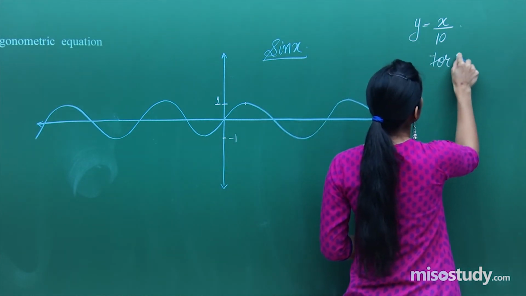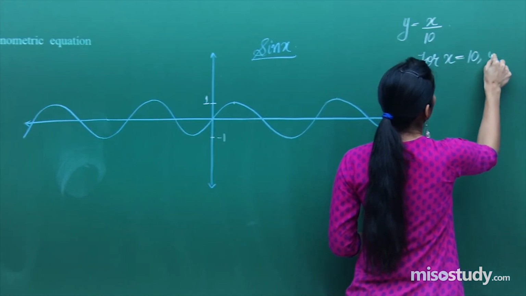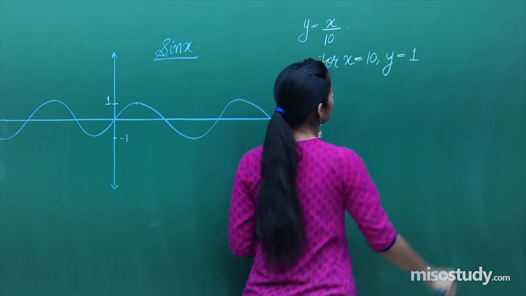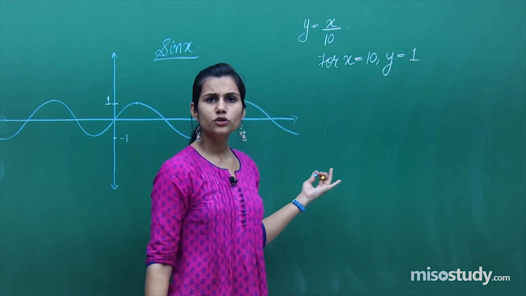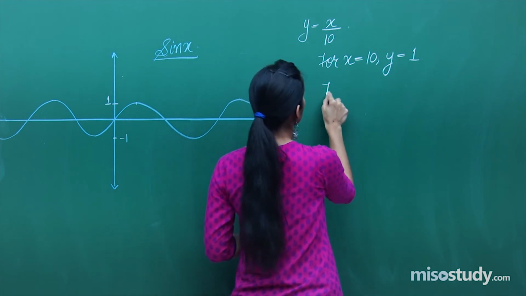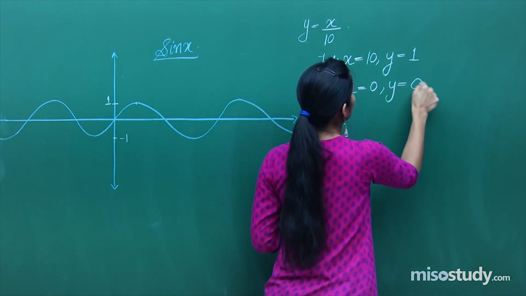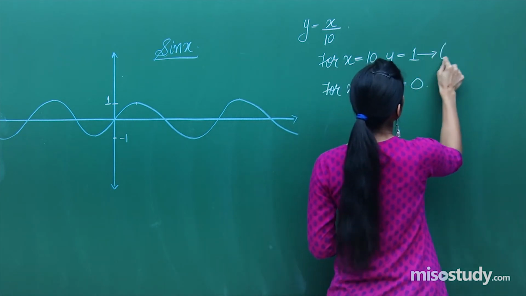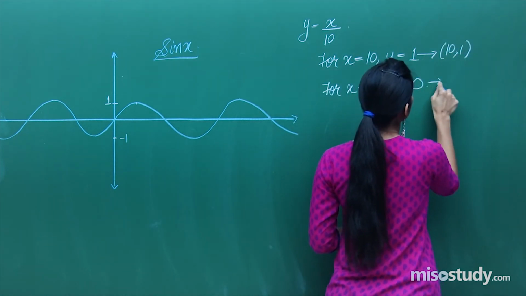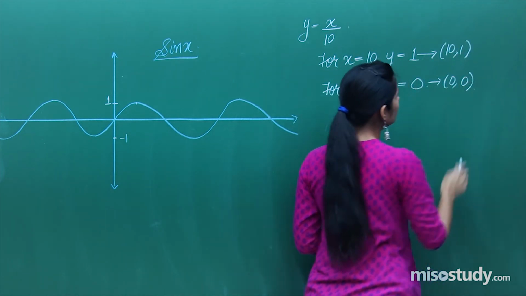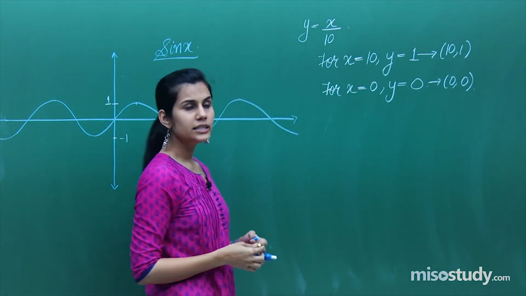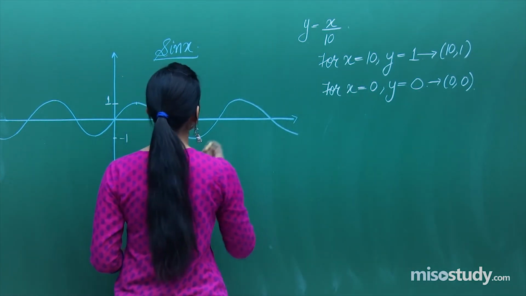For x equals 10, y is 1. And I know this line is always going to pass through the origin. For x equals 0, y is 0. I have got 2 points, (10, 1) and (0, 0). 2 points are enough for me to plot the line. Now where is this 10?